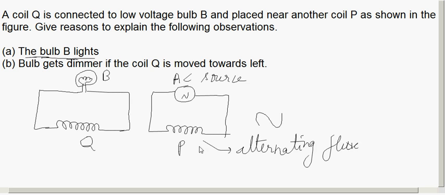And the flux produced in coil P also links coil Q. And this varying flux produces an induced EMF in coil Q, and hence there is a current flowing through coil Q and the bulb lights up. So due to varying current in P, the flux linking coil P changes, and hence the flux which is linking coil Q also changes, and an EMF gets induced in coil Q, and therefore the bulb B lights up.